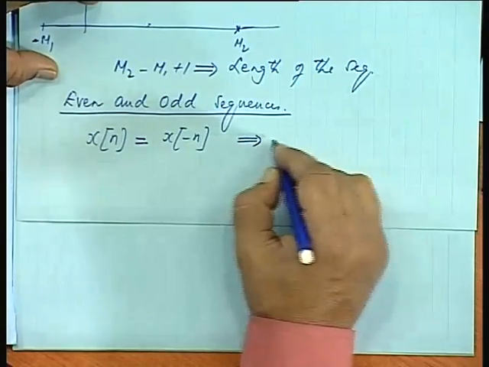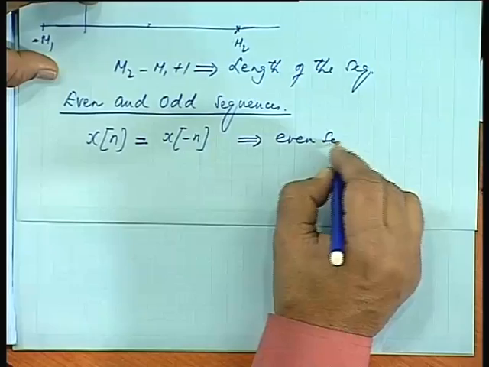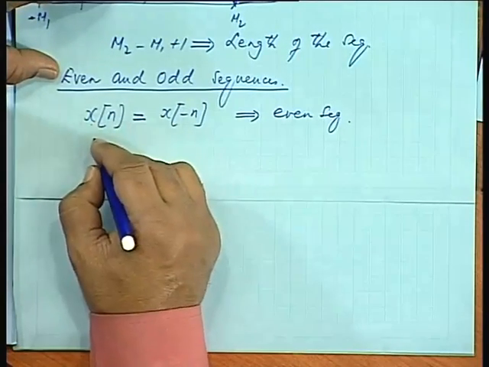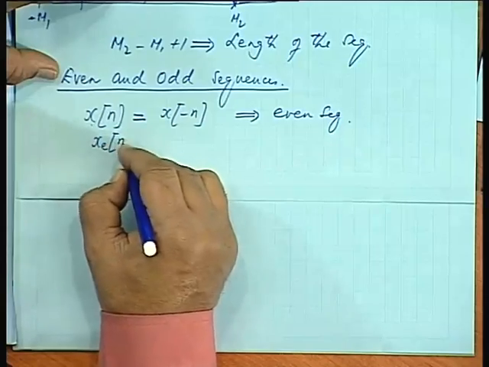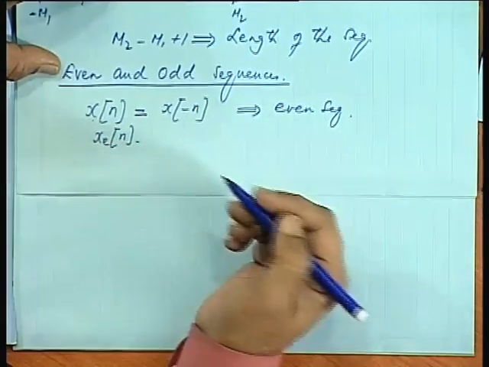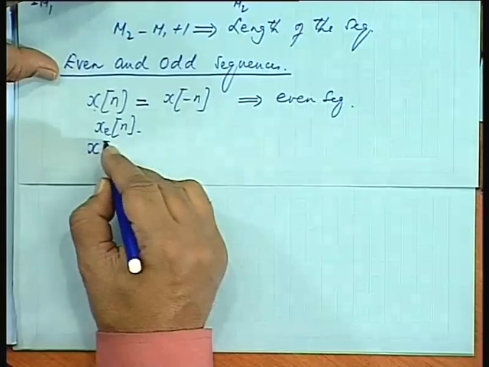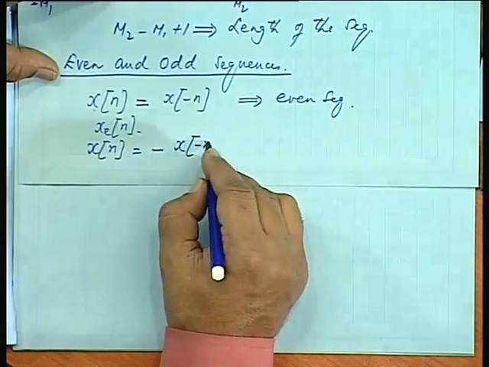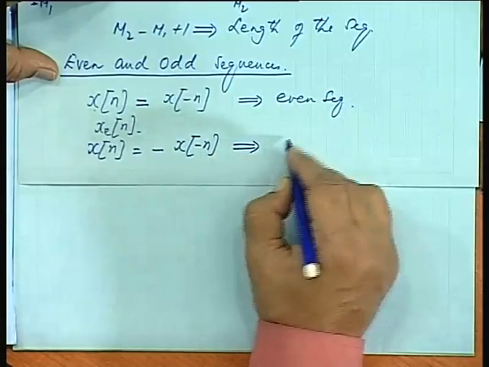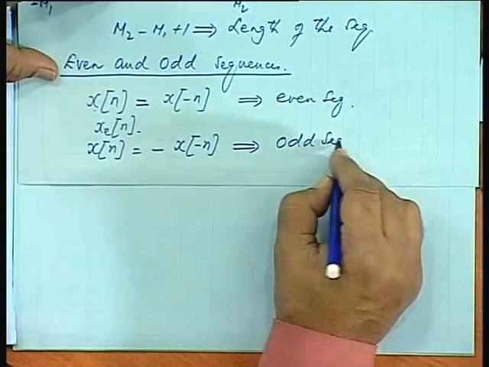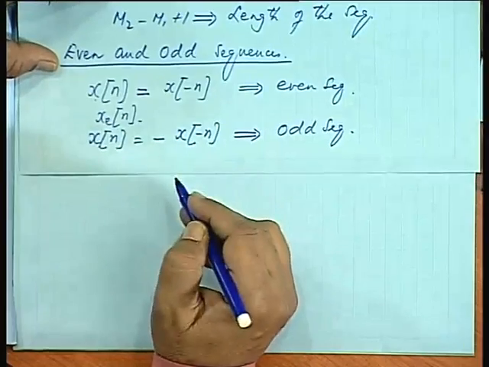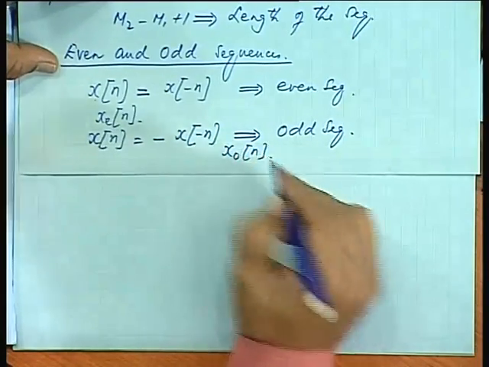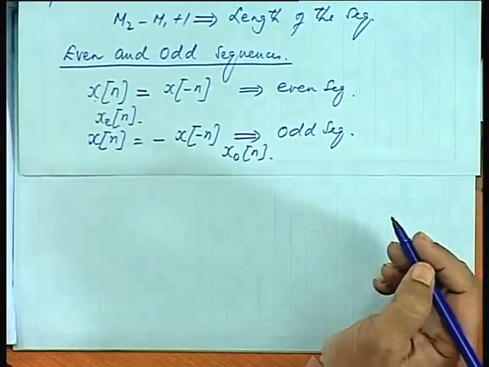So, this is the condition for even sequence. Such sequences we shall write as x e n, x even n. Similarly, an odd sequence will follow this relationship and we will denote these as x o n. Okay.